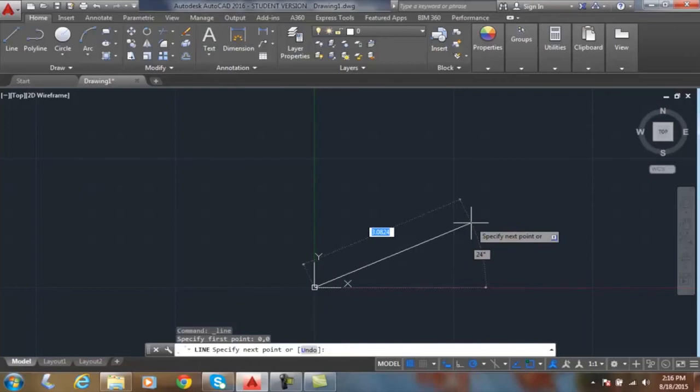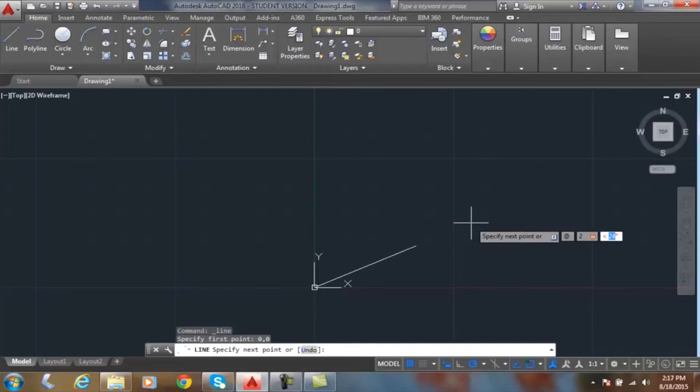I want to put in the at symbol and then put the distance in, and then I want to put in the less than symbol, and then I want to put in the angle.